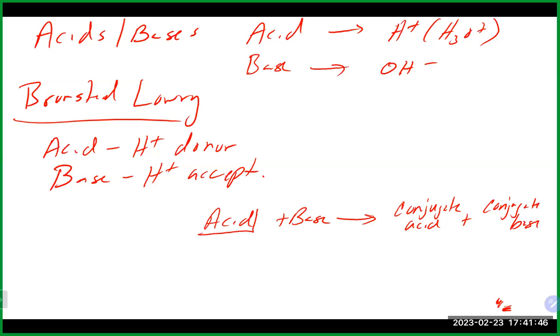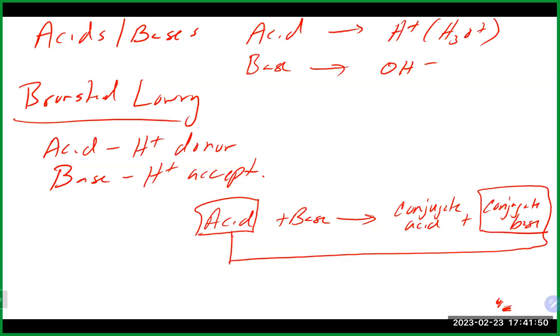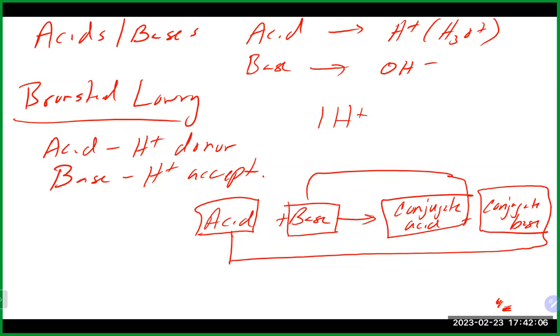The acid's partner on the other side is the conjugate base, while the base's partner is the conjugate acid. Remember that the only difference between those two is one H plus. That should be the only difference you have.